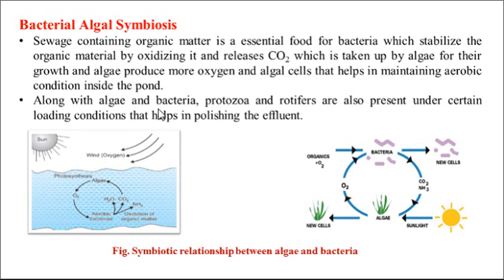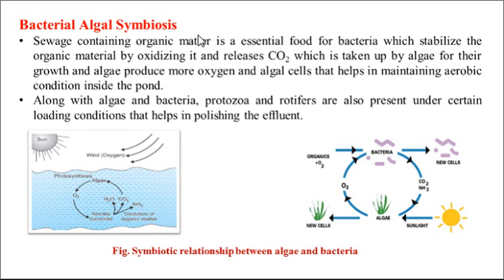Sewage containing organic matter is essential food for the bacteria, which stabilize the organic matter by oxidizing it and release CO2, which is taken up by algae for their growth, and algae produce more oxygen and algal cells that helps in maintaining the aerobic condition inside the pond.